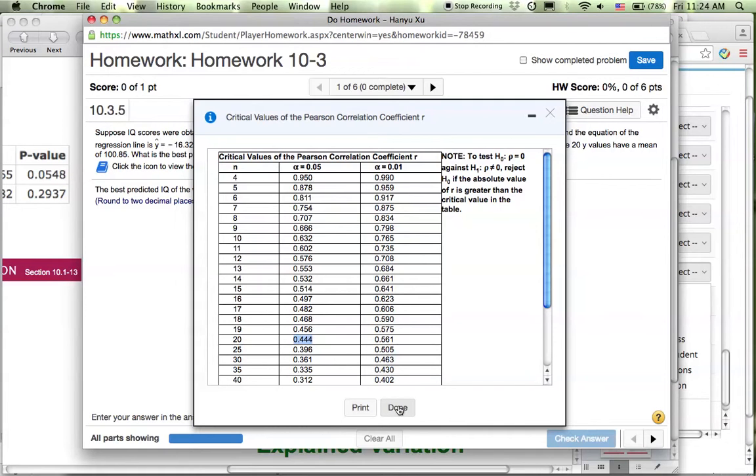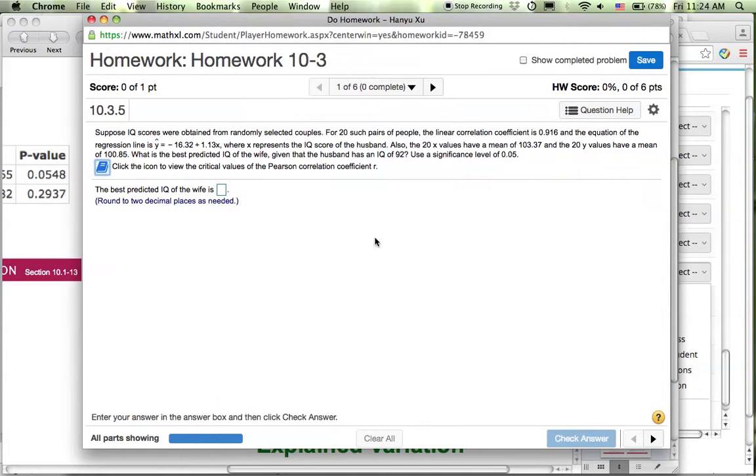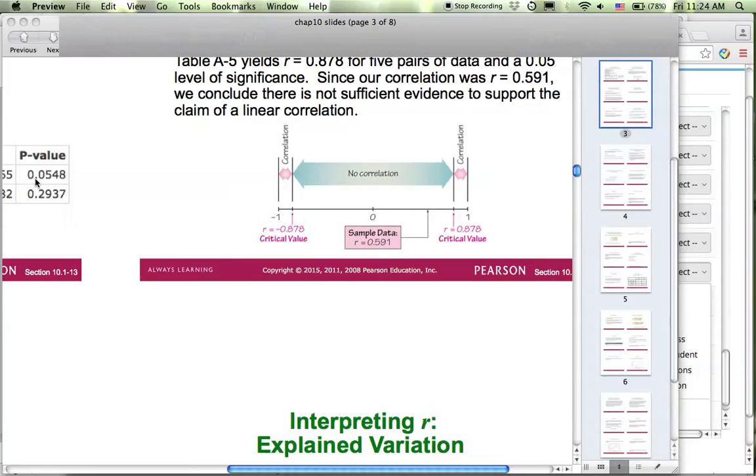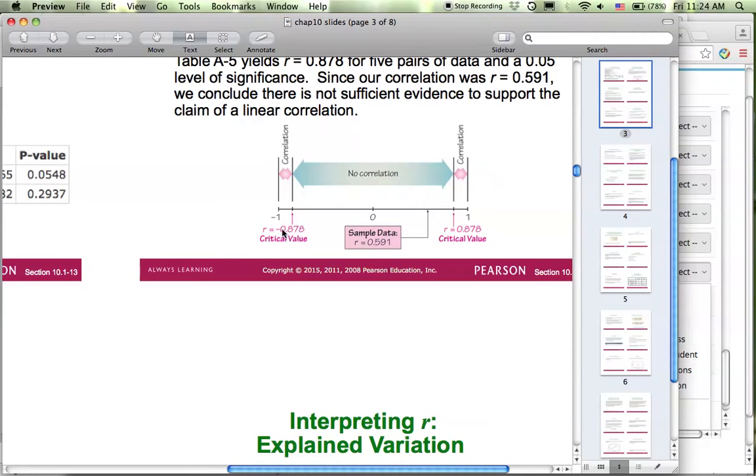Okay, so you can draw a very similar plot to the one I showed you previously. Here you will write negative 0.444, and here the critical value will be 0.444. Sorry that I cannot draw this plot directly on my computer, so I have to show you using this plot I already have.